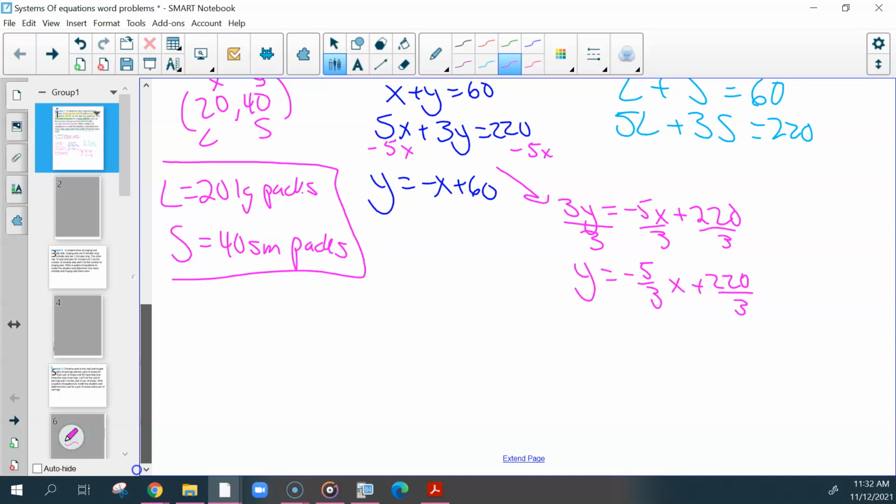So if you were solving by graphing, I would need to see you define your variables, set up the equations, solve the equations so that they're in slope-intercept form, tell me the intersection point, and then rewrite it so that it's in context with the problem. What do those things actually mean?